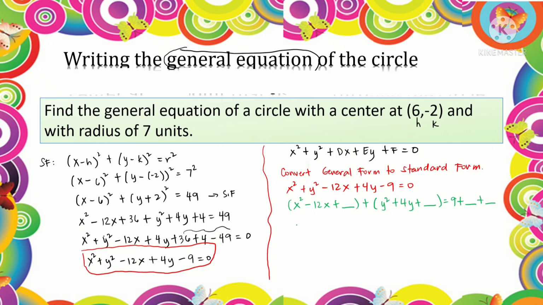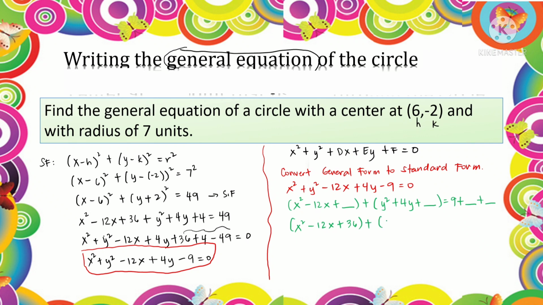Negative 6. Therefore, we have x squared minus 12x plus, this will be negative 6, half. Then, take the square, 36.